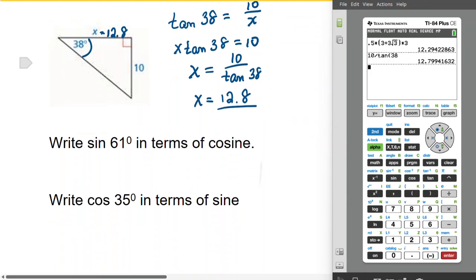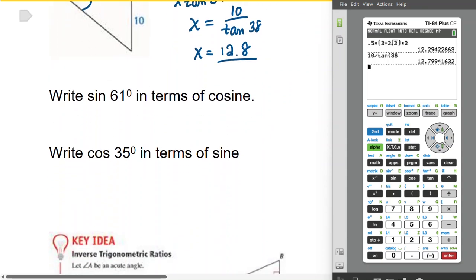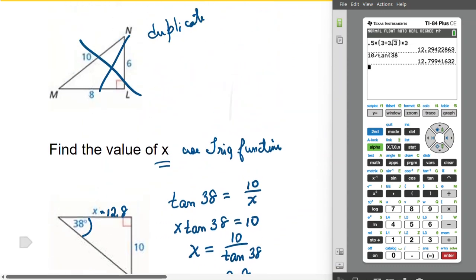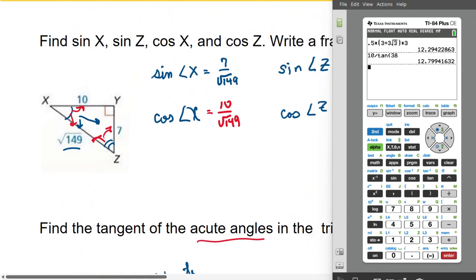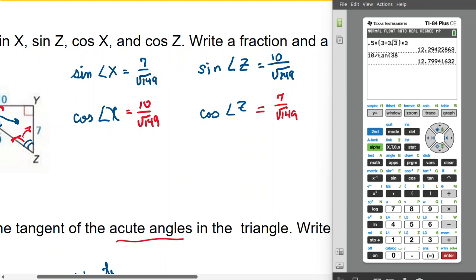Now this is interesting because it shows the relationship of coexistence, which we proved over here. In other words, when we did this example, the sine of the angle was the cosine of its companion angle, and so was this.